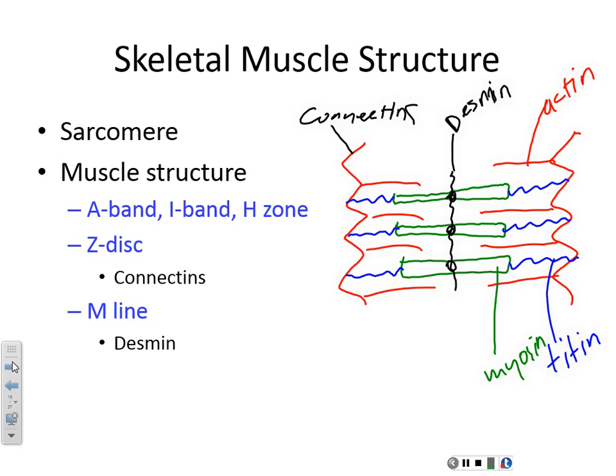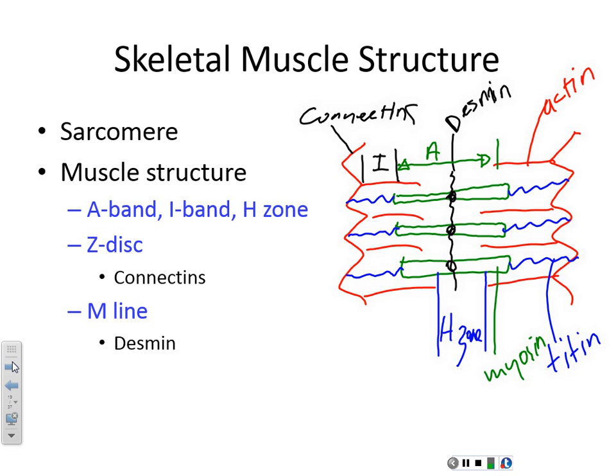They're moving towards the myosin. So from here to there is the I band, right? And from there to here is the A band. And from here to there is the H zone, right?